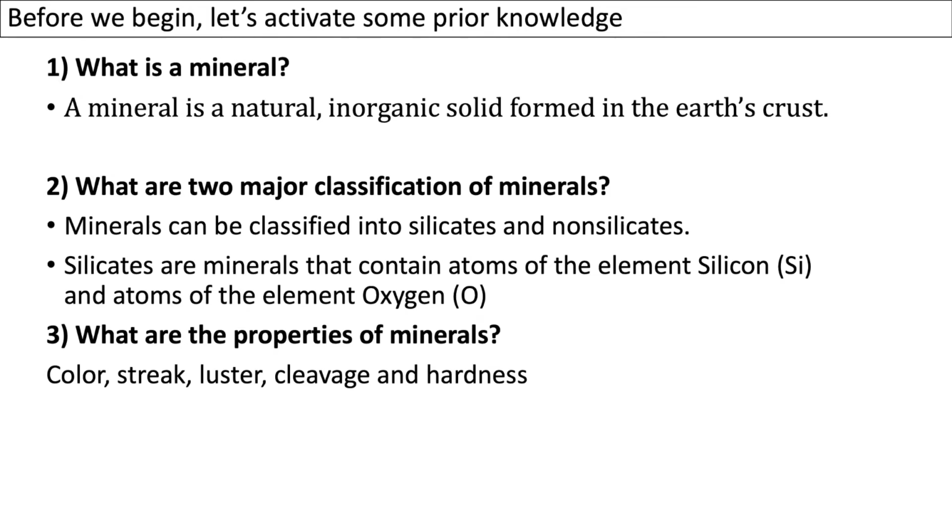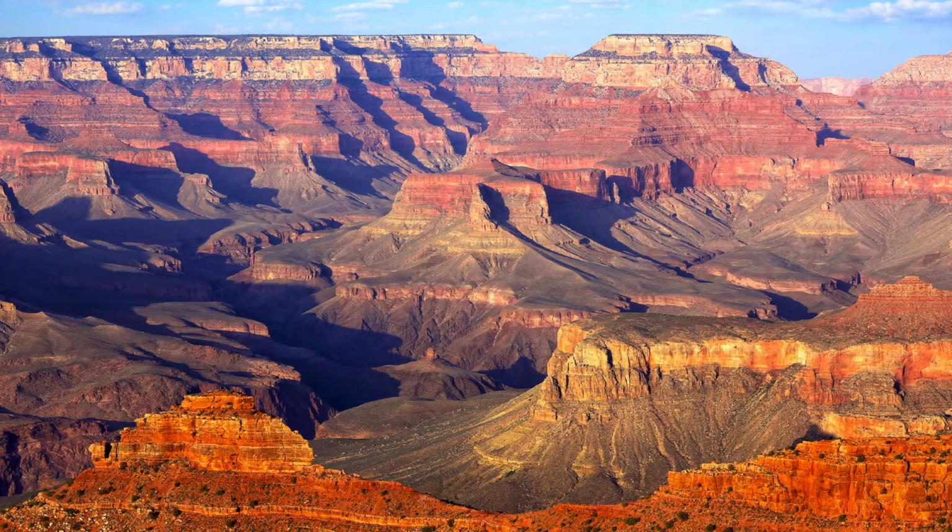Silicates are minerals that contain atoms of the element silicon and atoms of the element oxygen. What are the properties of minerals? Some of the properties that you can easily observe and touch in minerals are color, streak, luster, cleavage, and hardness.